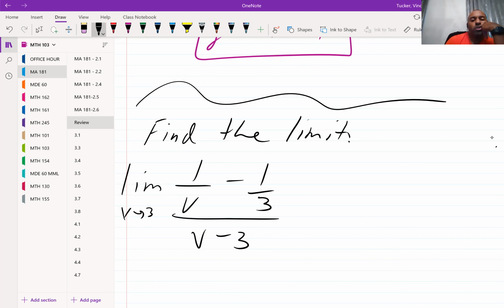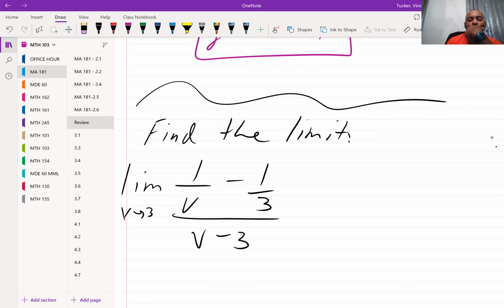We have (1 over v minus 1 over 3) over (v minus 3), and it wants us to find the limit as v goes to 3. Of course, in its current state, it wouldn't be beneficial to us, because if we were to plug in 3 right here, we would get 0 in our denominator. So that does not help us.